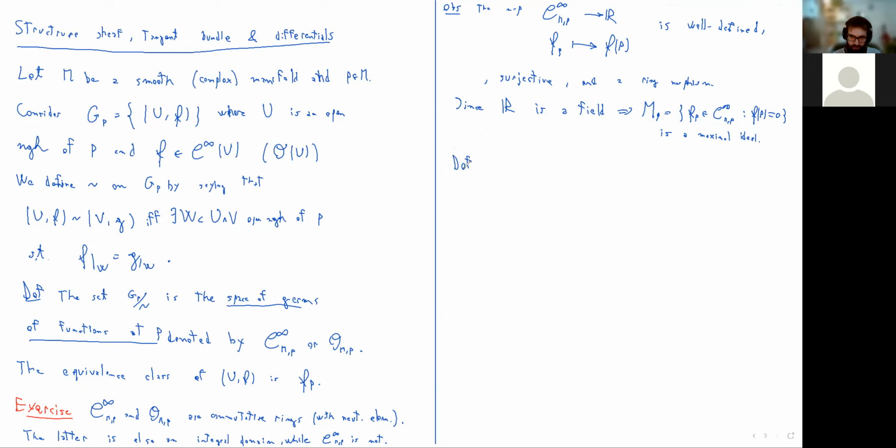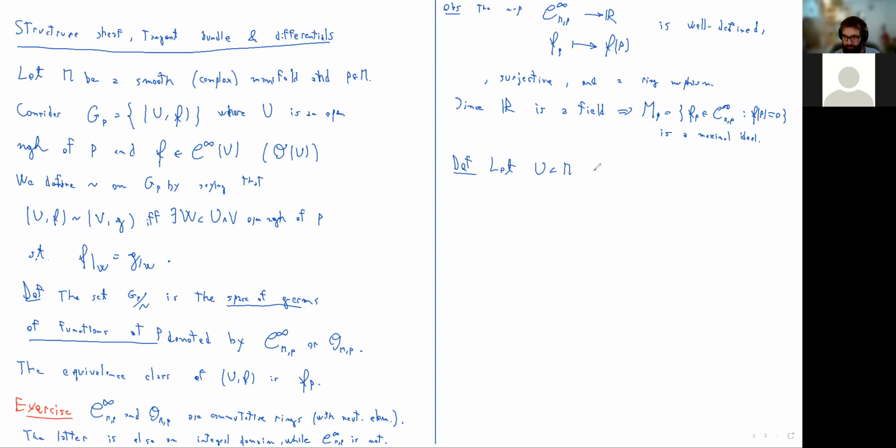So now let's try to make this construction a bit more general, let's say, not exactly. What we've done now is taking a point and considering all possible functions near that point. But what if instead of taking a point, we take a full open set?